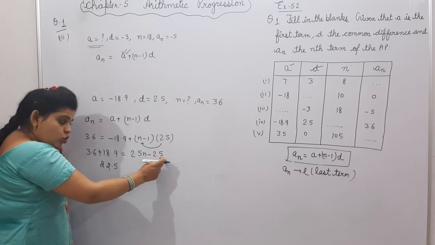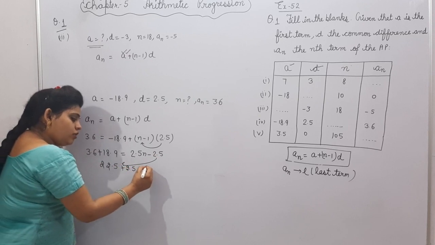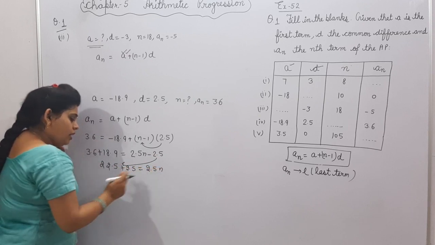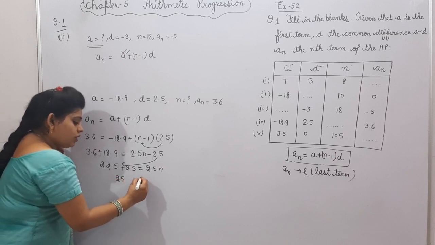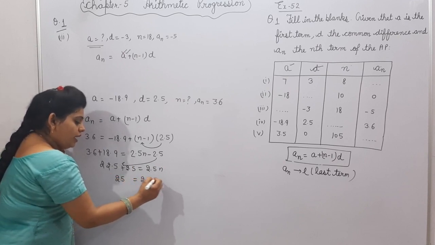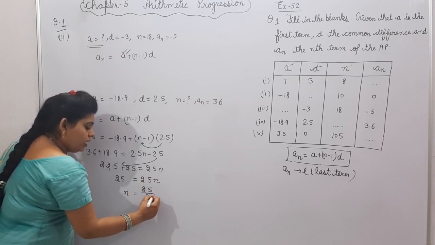This minus 2.5 will become plus 2.5 here, and on solving this we will get 25, and it is equal to 2.5n. From here, 25 divided by 2.5.